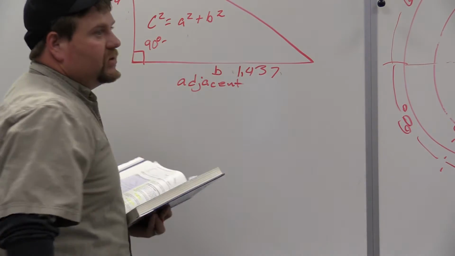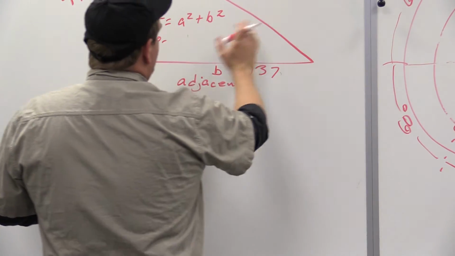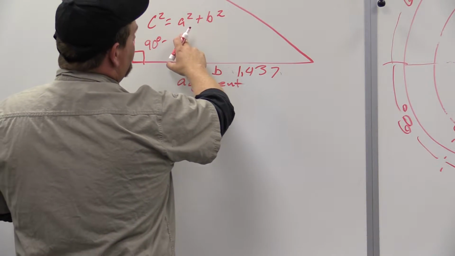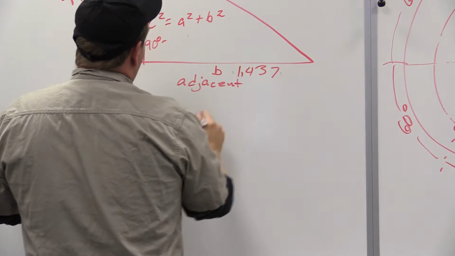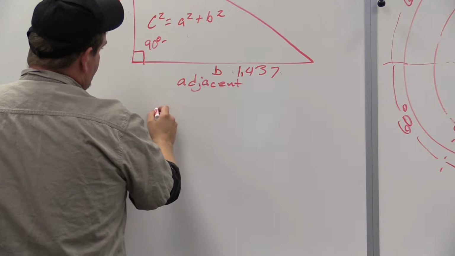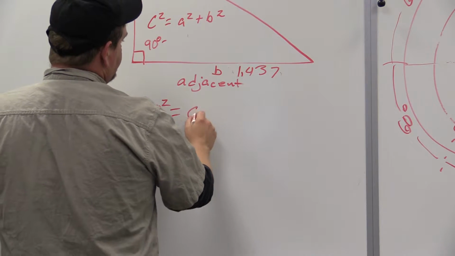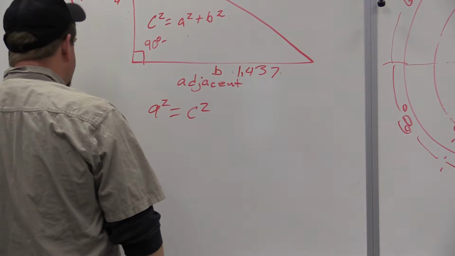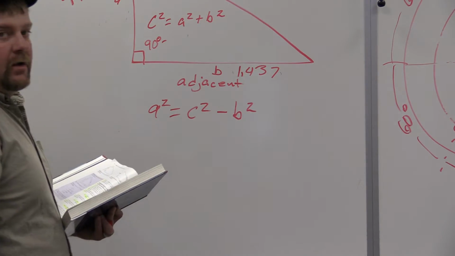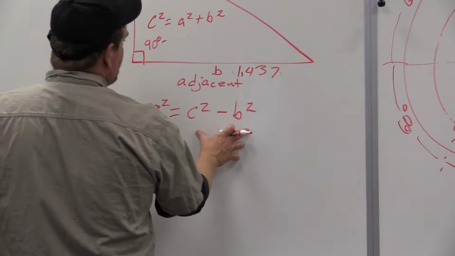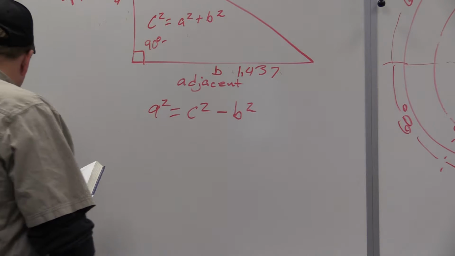So C is always the longest one, okay? So since we have C as a value, we know that we are not ever going to add it together. Anytime we switch the formula, so now we have a squared is equal to C squared, we subtract the formula. When we have C in this part of the equation, it becomes subtraction, not addition. Okay?